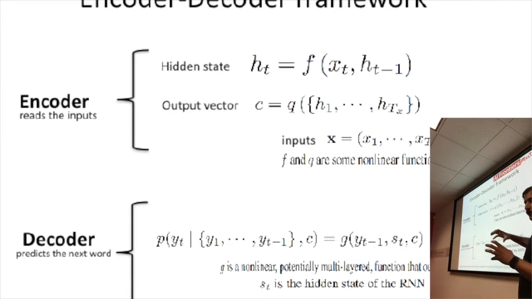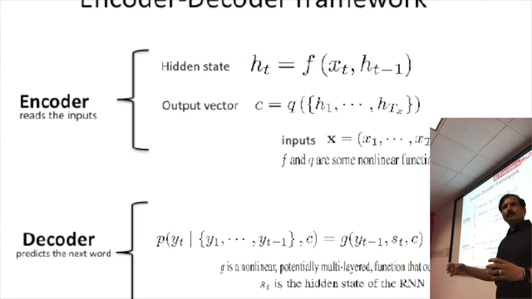At the end of the whole input, you create something called the context vector C. The context vector is a function of all the hidden states the encoder went through. Another transformation happens on all the hidden states, and you have a single context vector that the encoder emits.